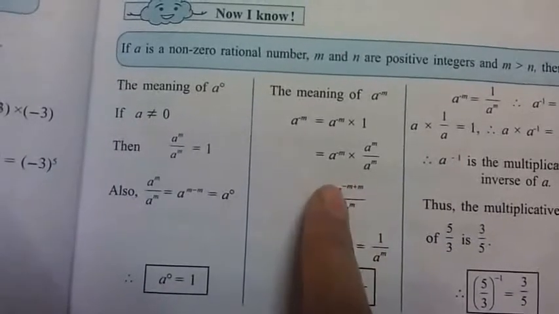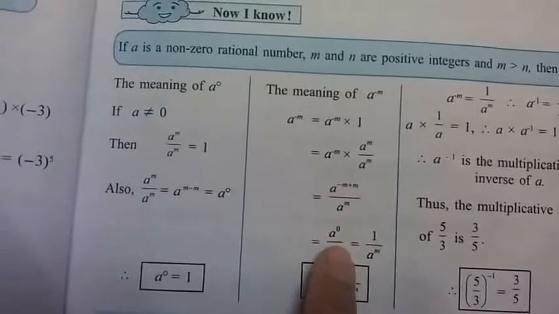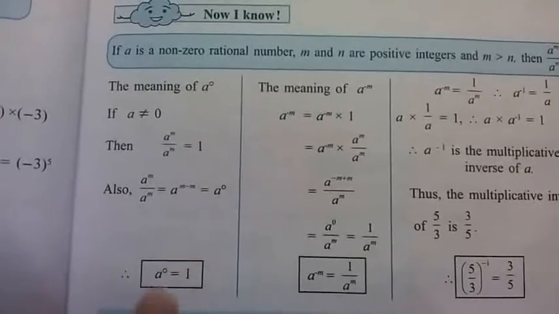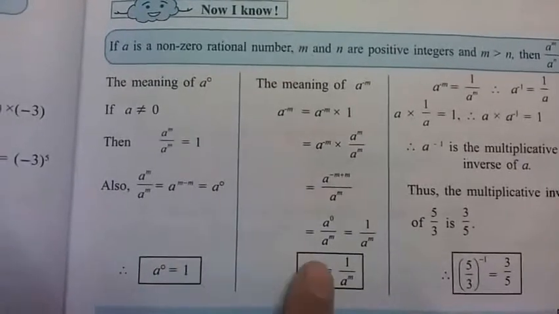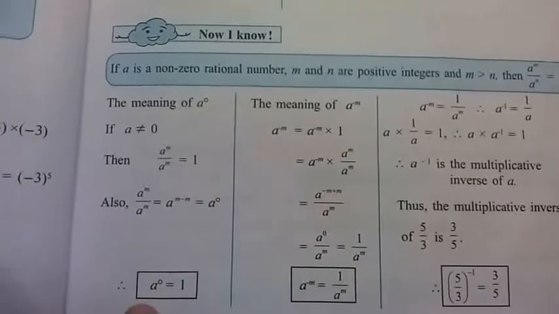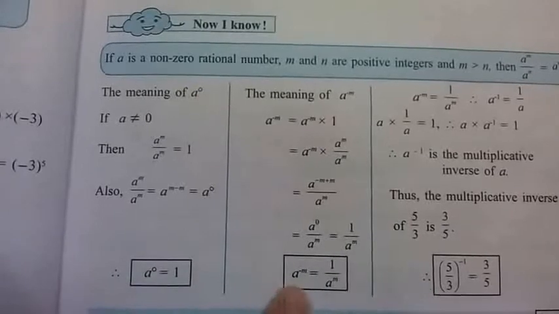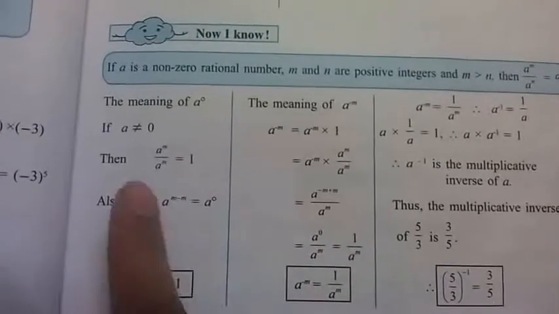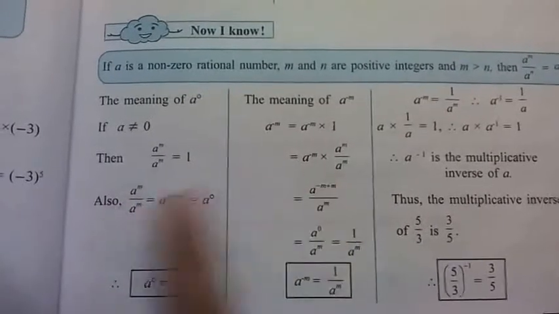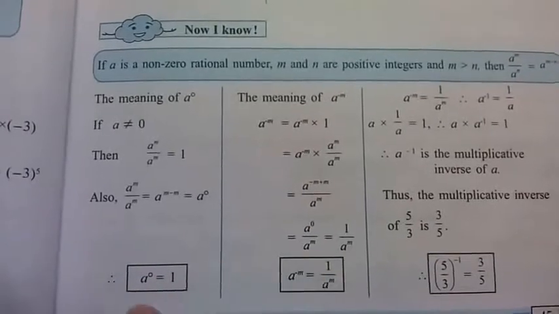Now a raised to minus m plus m is a raised to 0 divided by a raised to m. We have already learned a raised to 0 is equal to 1. Means a raised to minus m is equal to 1 upon a raised to m. You can learn only these formulas: a raised to 0 is equal to 1, and a raised to minus m is equal to 1 upon a raised to m. No need to remember how to solve this equation; you only need to learn these formulas.